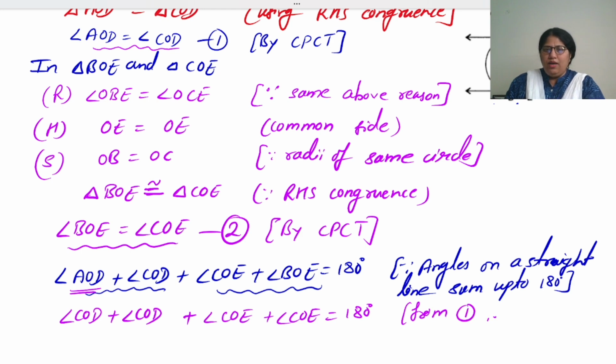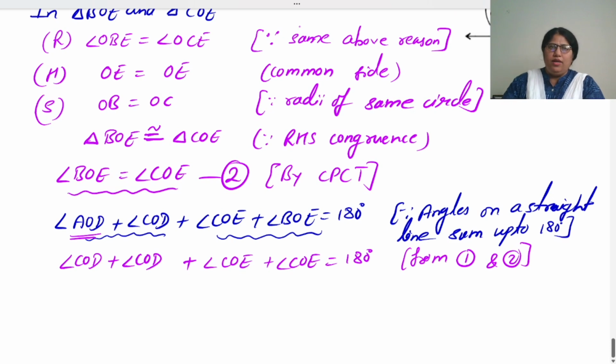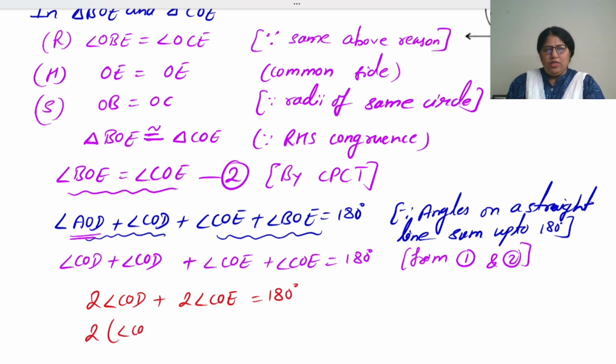We have already marked first and second. This result is already there. Now can we write here 2 times angle COD plus 2 times angle COE is equal to 180 degrees. Now 2 is a common factor, so take angle COD plus angle COE is equal to 180 degrees, right? Now I can take 2 to the right side, this one will become 90 degrees.